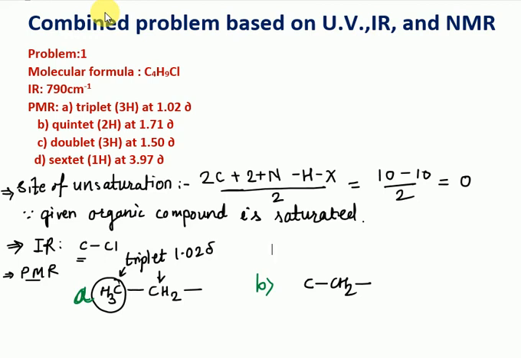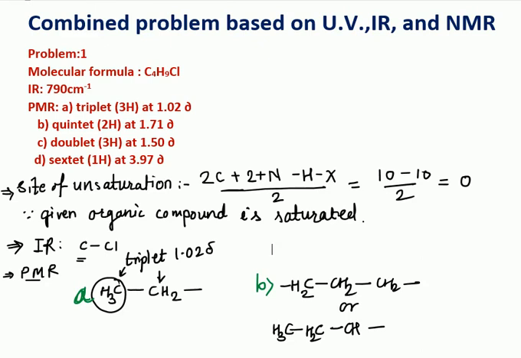So the 4 hydrogen may be like this, or the second possibility is that CH2 must be attached to the CH3 and CH. So these two possibilities are there.